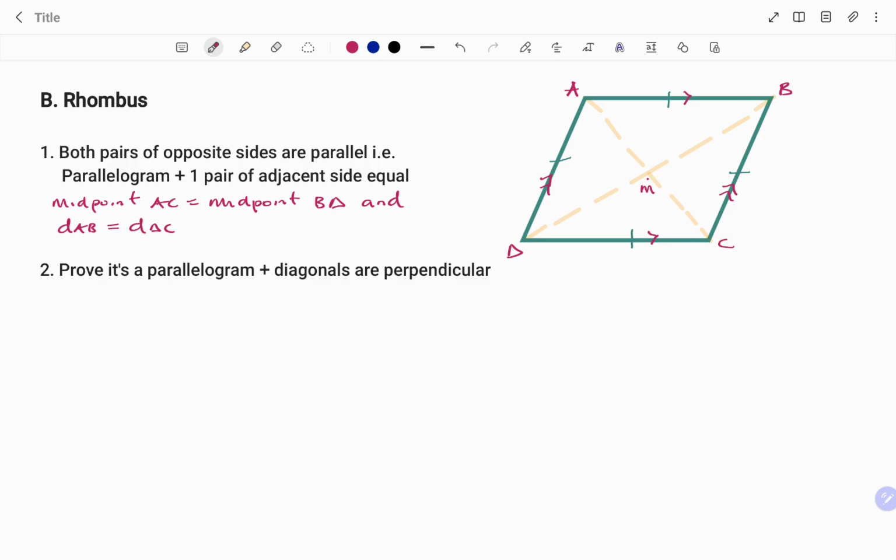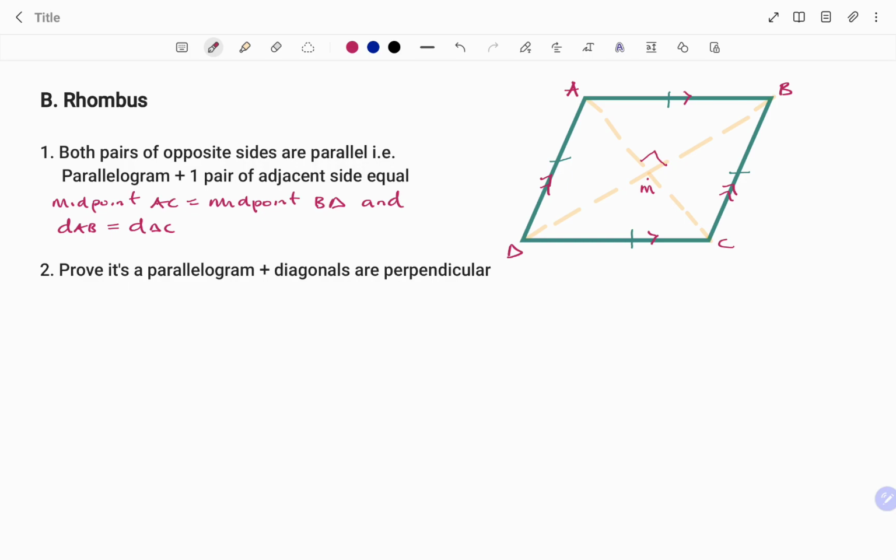The second option is you can prove that it's a parallelogram plus the diagonals are perpendicular. What that means is where they meet, it forms 90 degrees.